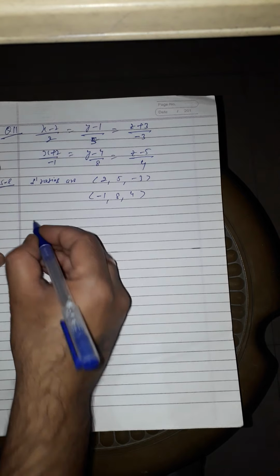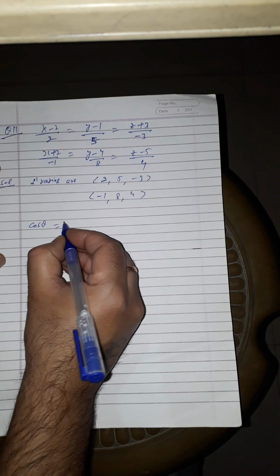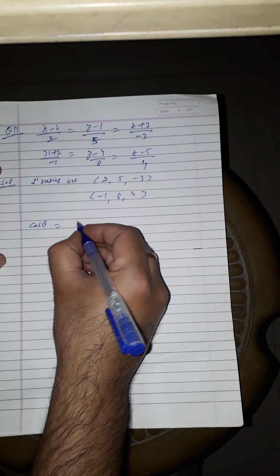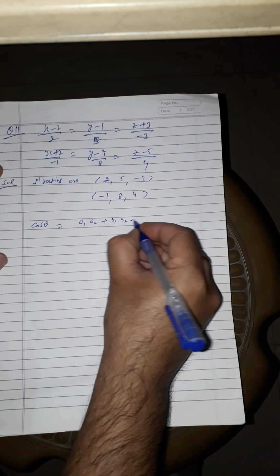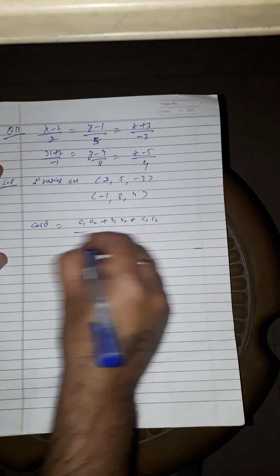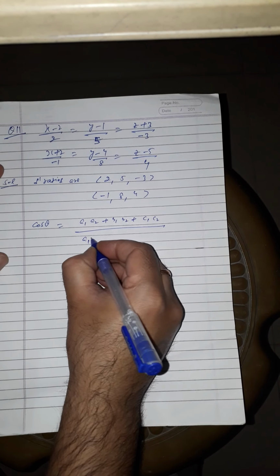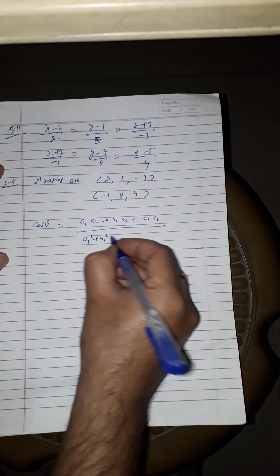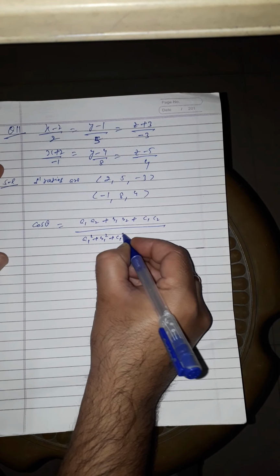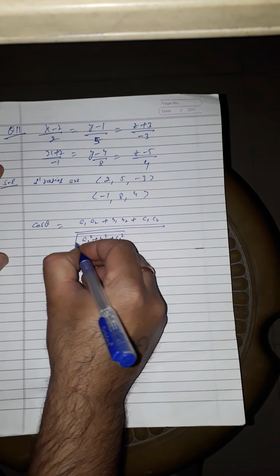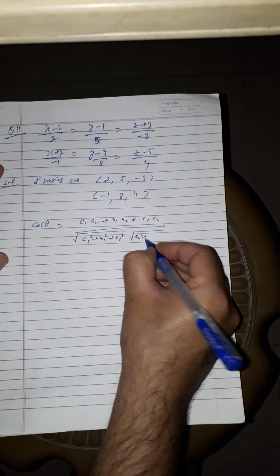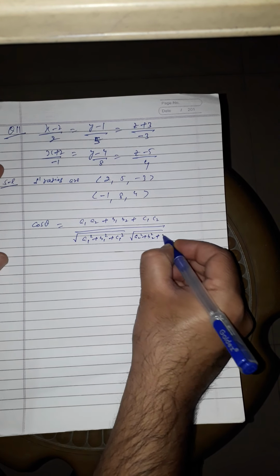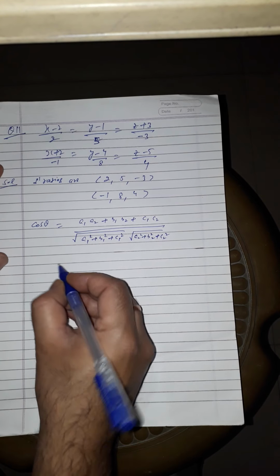These are the direction ratios, and you know, students, when we have to find the cos theta angle, we know that it is (a1 a2 + b1 b2 + c1 c2) upon the square root of (a1 square + b1 square + c1 square) times the square root of (a2 square + b2 square + c2 square).